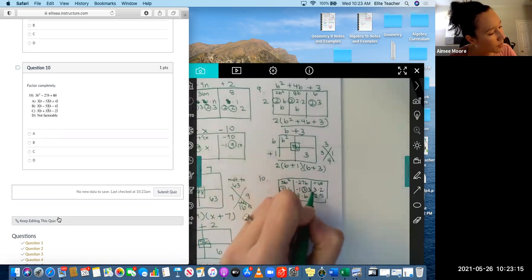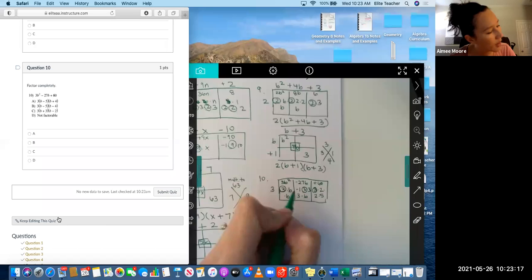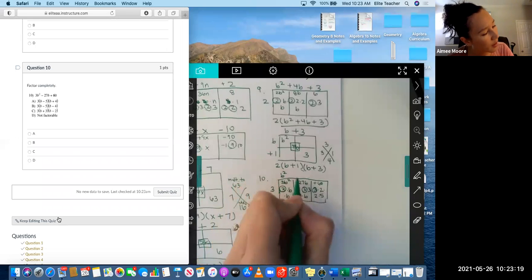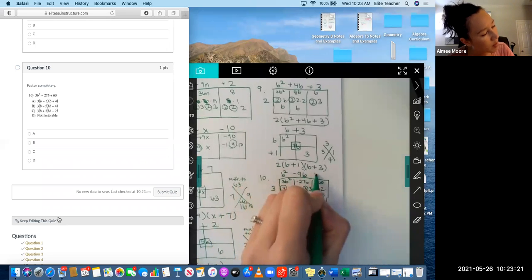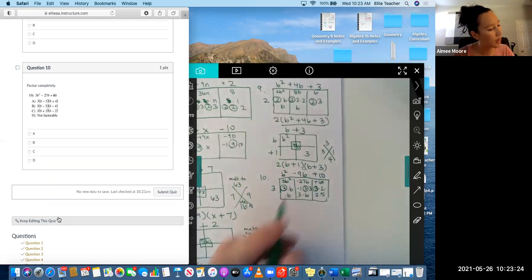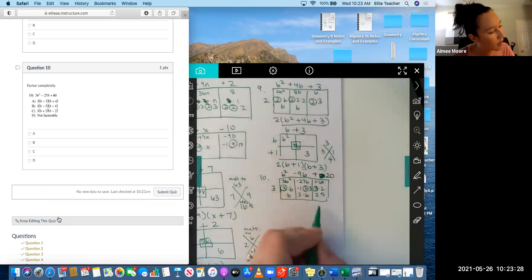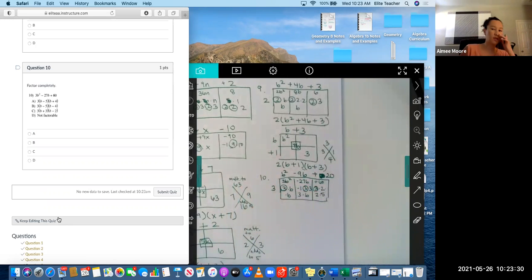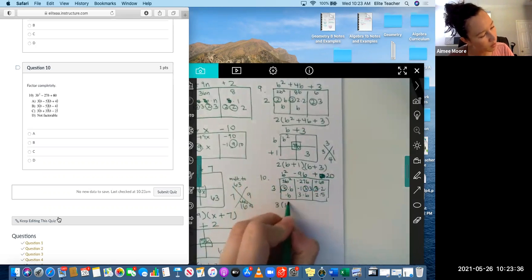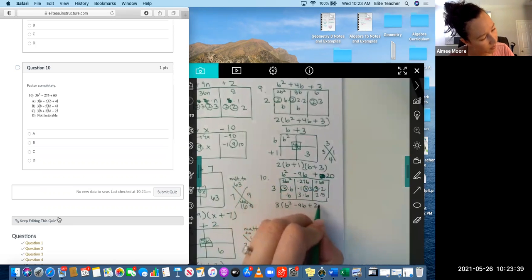So we can take out a 3, it looks like. And then we're left with b squared minus 9b plus 10. No, plus 20. 2 times 2 is 4, 4 times 5 is 20. So far we have 3 times b squared minus 9b plus 20.